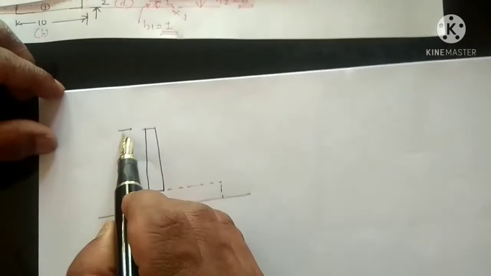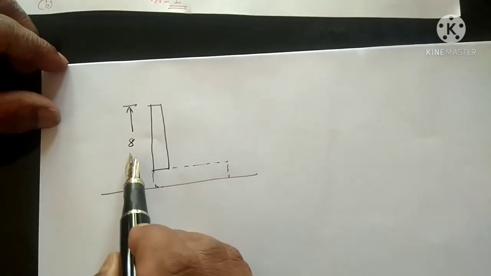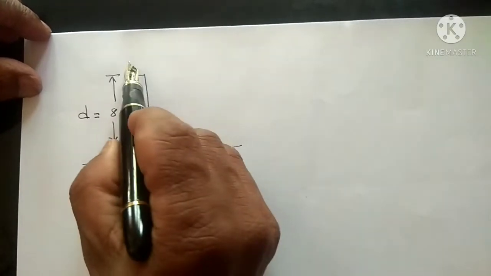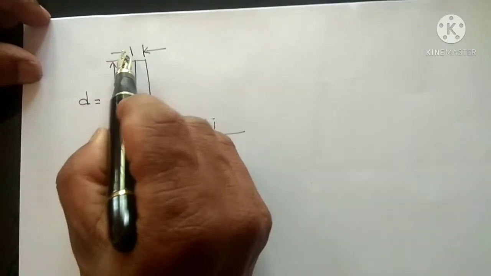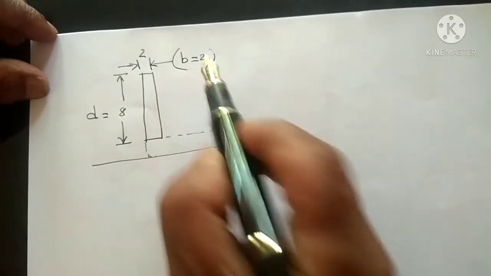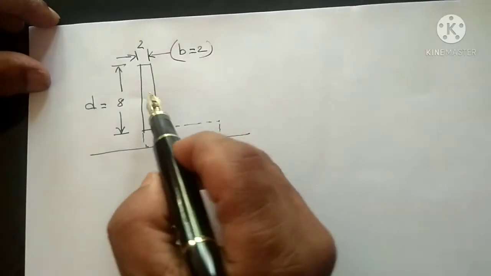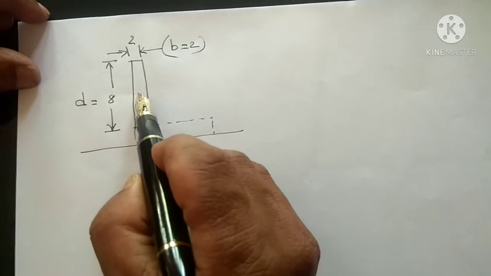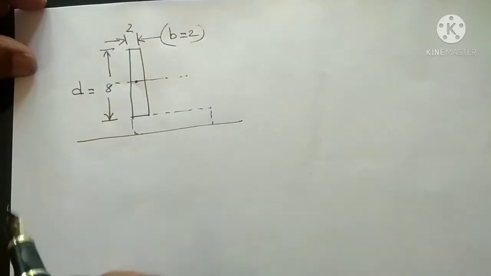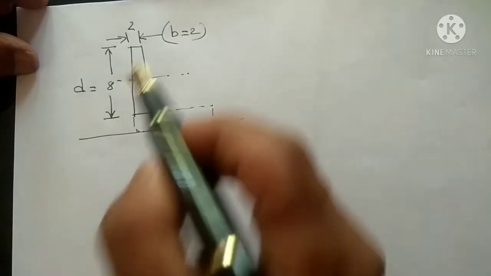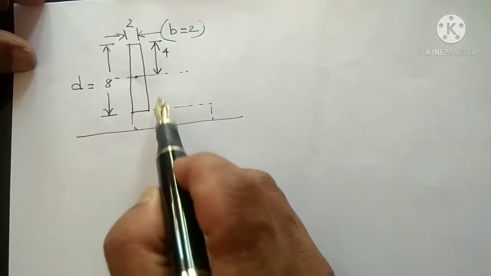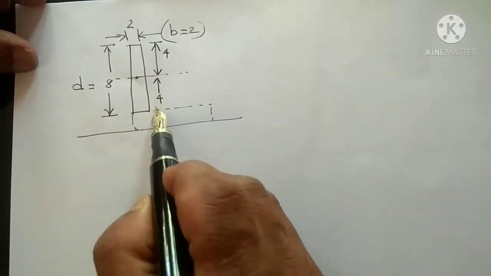This second component has dimensions, here it is 8, that is D is equal to 8, and here it is 2, that is B is equal to 2, and its centroid will be at this position. If you draw a horizontal centroidal axis, this distance is 4 and also this distance is 4.